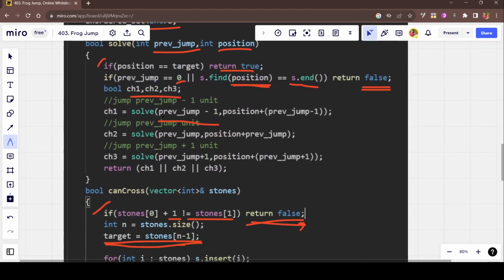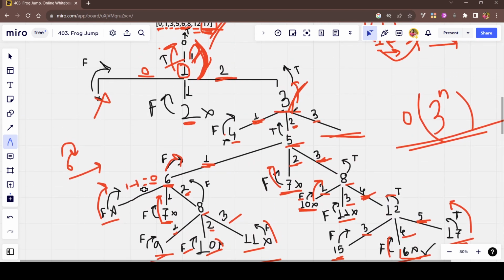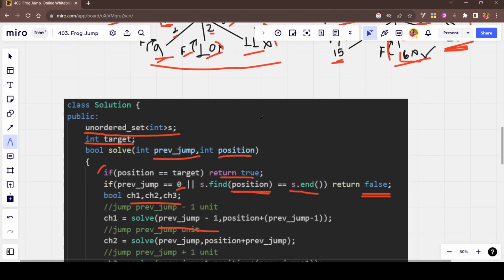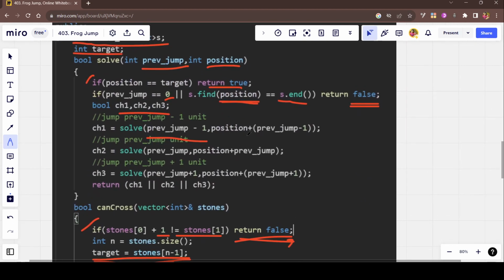You are on position 3, previously you jumped 2, so 2 minus 1 is 1, and you are on position 3 plus 1, which is 4. So you are on previous position plus previous jump minus 1.